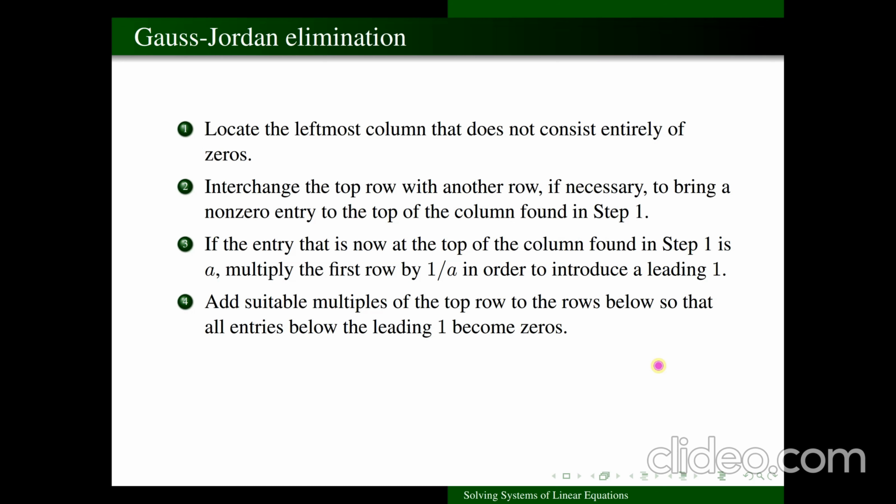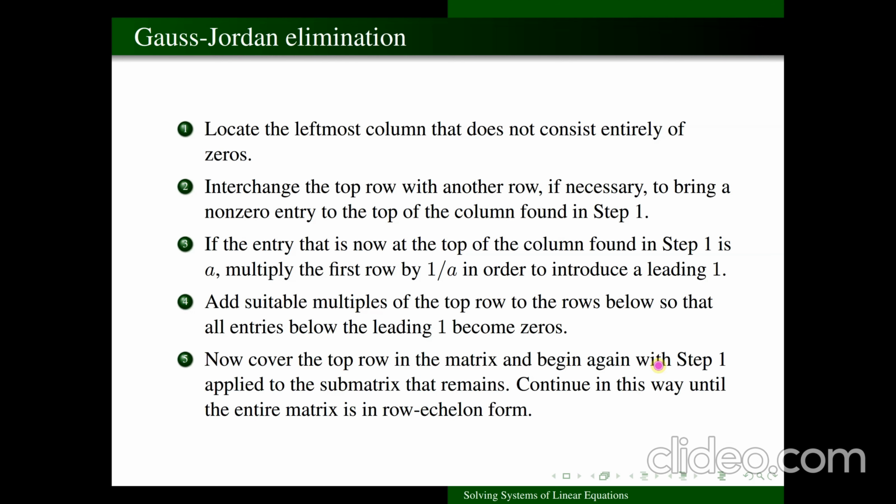That is done by applying the third elementary row operation. We add suitable multiples of the top row to the other rows. After these 4 steps, the first column in the matrix will have 1 at the top and 0 directly below it.